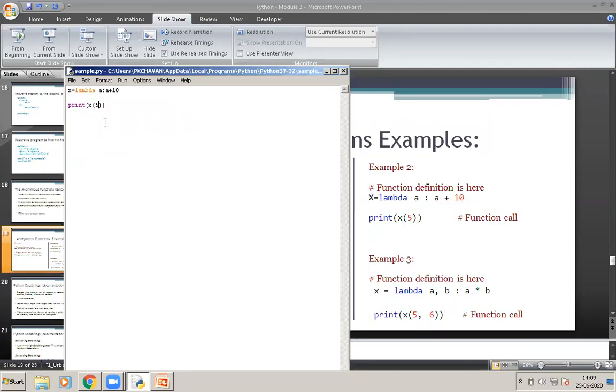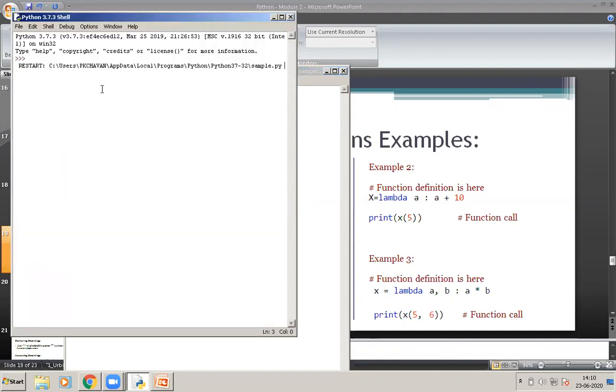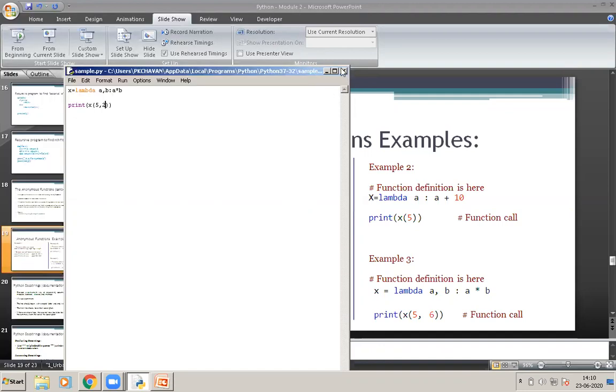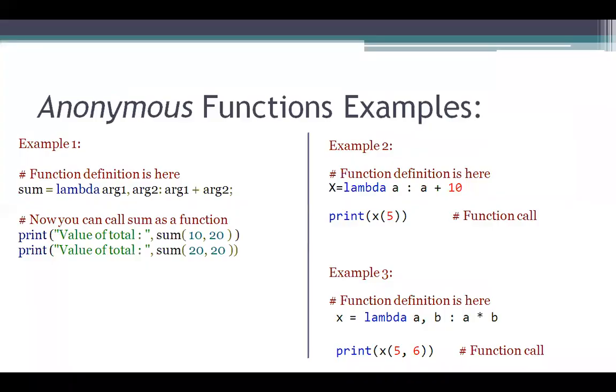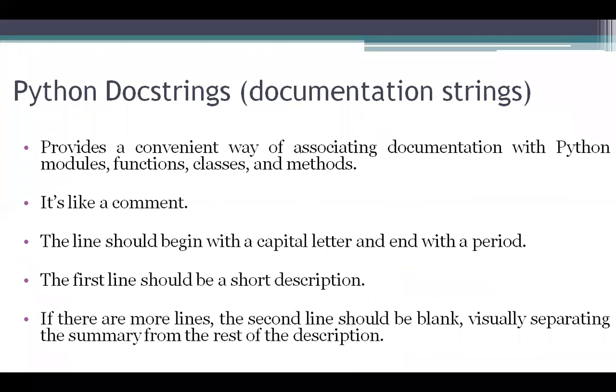The other example we have seen, a comma b, does multiplication on those two variables, and the values passed are 5 comma 2. So the value is 10. In that way it can be performed, and this is about the anonymous function, or lambda function.